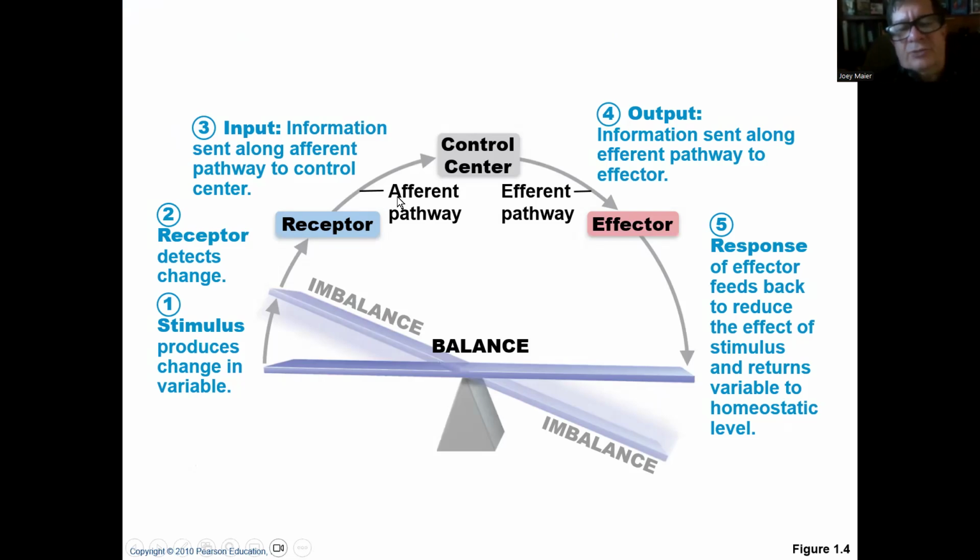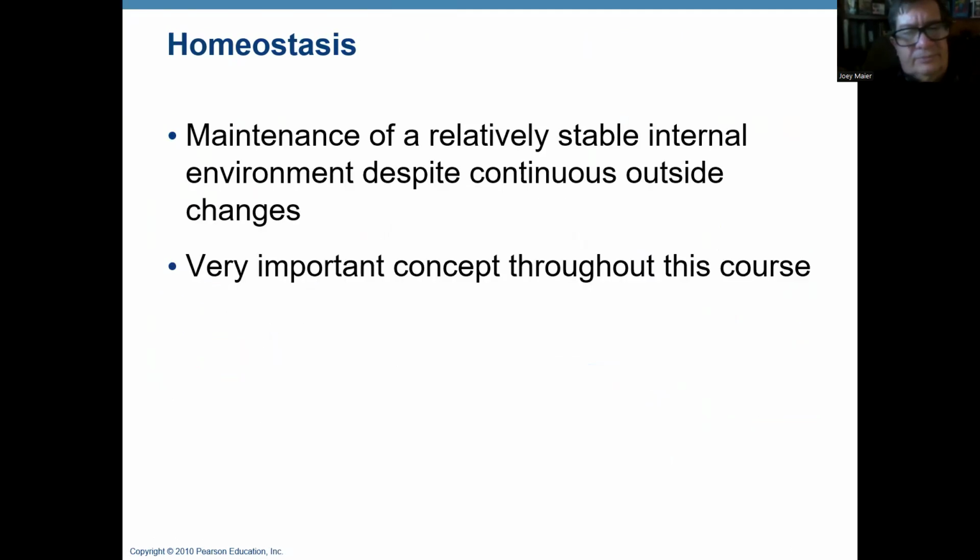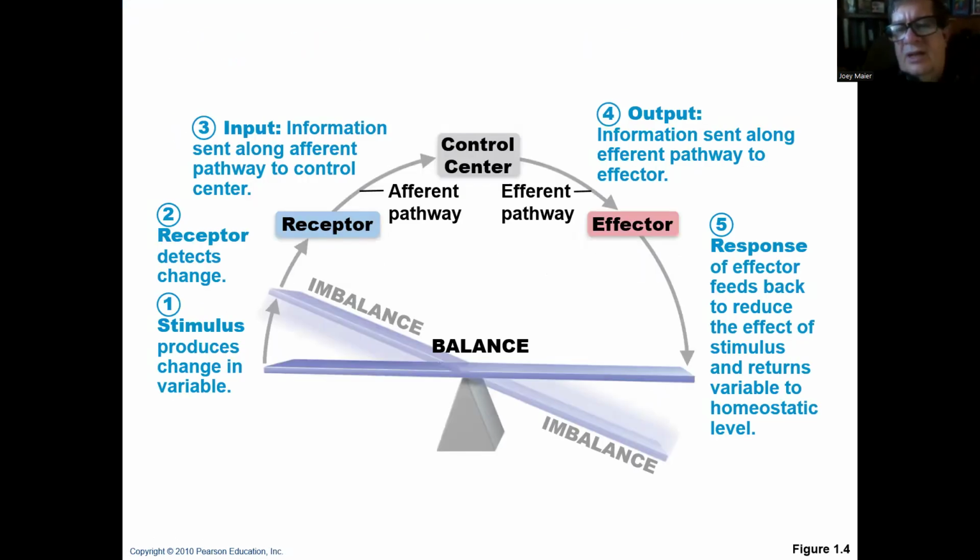Afferent signals, the A should remind you they arrive at the central nervous system. Efferent signals exit the central nervous system and go out to an effector organ. That's usually a gland or a muscle. That effector will make a thing happen, and in the case of shivering, it's going to make the shivering happen to generate heat. That brings us back to the direction we want to be.